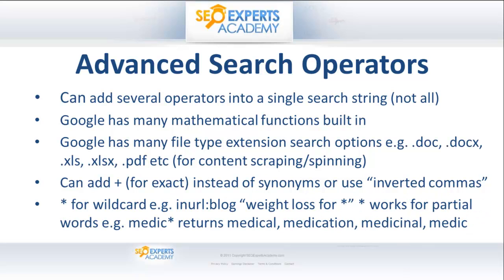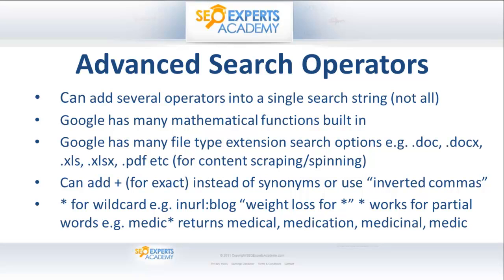Another very useful command is the asterisk, which signifies a wildcard. For example, if we're searching on blogs, and in this particular search string I'm using in-URL blog, and you'll notice I've made it exact, weight loss for, and I might be interested in looking for additional ideas for expanding my weight loss IM empire, Google is going to return anything like weight loss for diabetics, weight loss for pregnant women over 40, weight loss for pretty much anything you can think of.